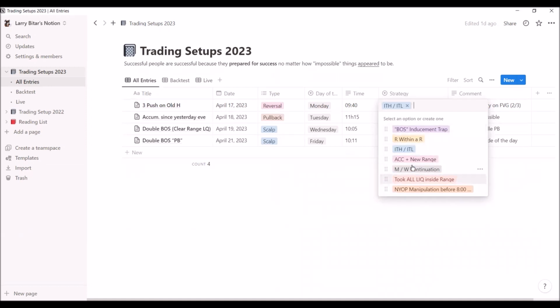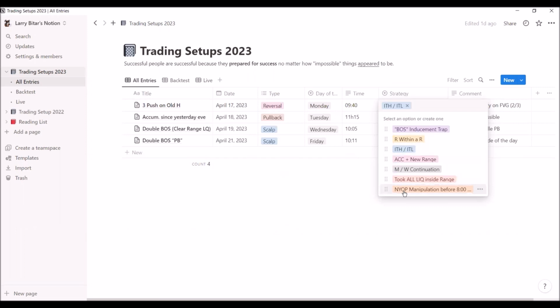Those are the main strategies. Probably 90%, if not 100%, of my trades are about those strategies, which I explained already in my videos.